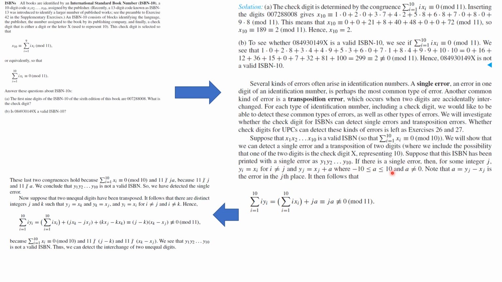Then for some integer j, y_i equals x_i for i not equal to j, and it is a different number for x_j and y_j. Therefore, a equal to y_j minus x_j is the error in the jth place. So if you do that, you're not going to get 0. And similarly, you can find that if you do a transposition, you will also detect the error.